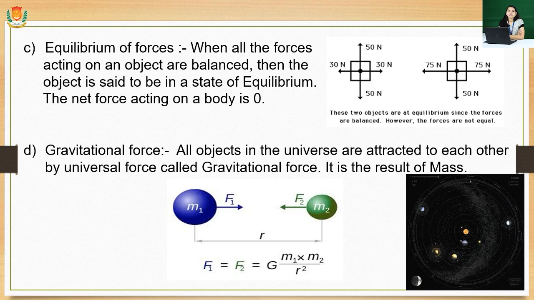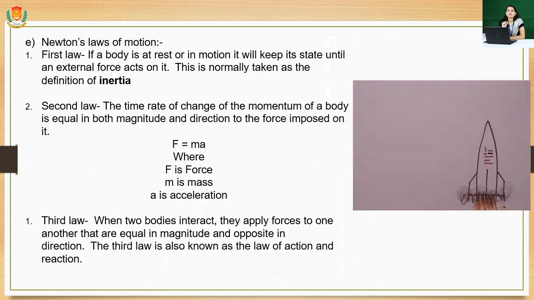Now the next term which we'll be broadly discussing is Newton's laws of motion, because these are universal laws. Newton's first law of motion says that if a body is at rest or in motion, it continues to be in that state until and unless an external force is applied on it.